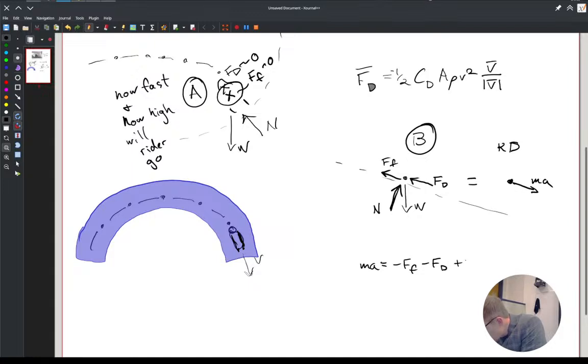There's no normal force because it's normal to the motion, but plus that mg sine theta. So the bigger the angle, the more acceleration down we have.